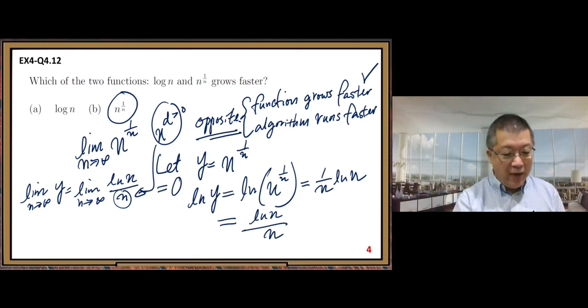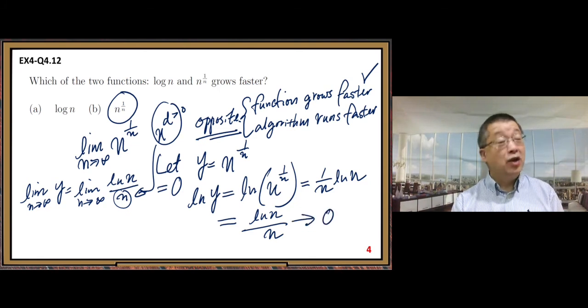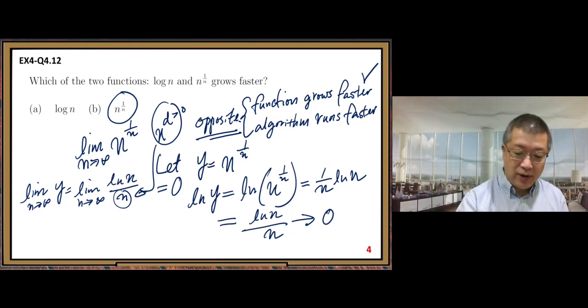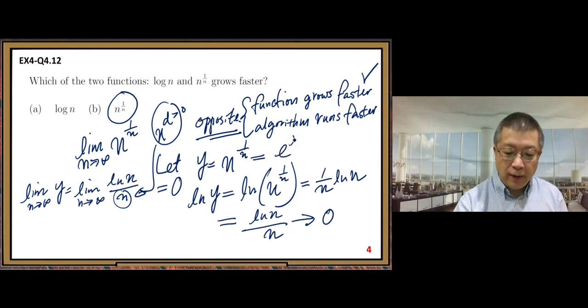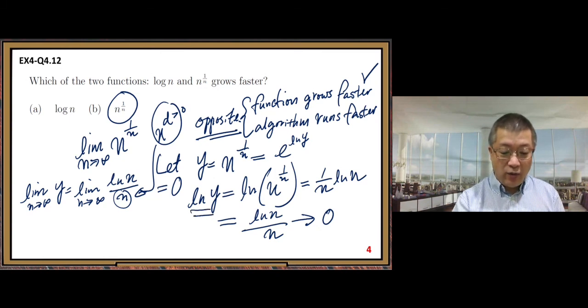So when n goes to infinity, natural log y goes to 0. Then y equals e to the natural log y, by the definition of log.